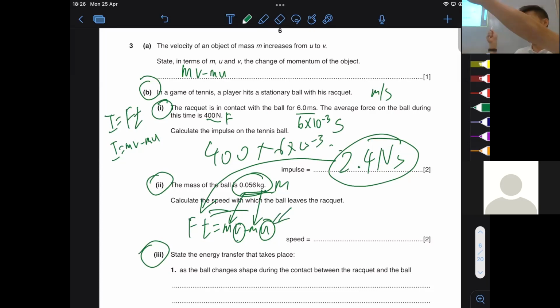Initially, when the ball hits the racket, the speed will be 0. Then after you hit it, it's going to launch far away with a certain speed. So you have eliminated one more unknown. Then you can find the v already. You should get 43 meters per second. You guys get that? But you understand what I'm talking about, right? Do the formula, you will get the answer.